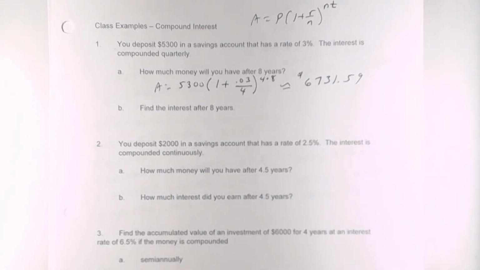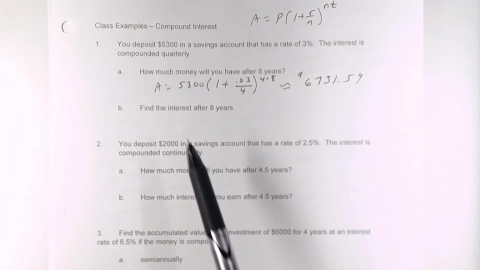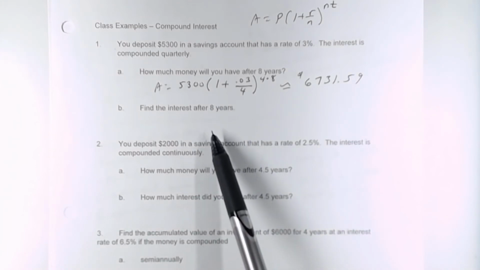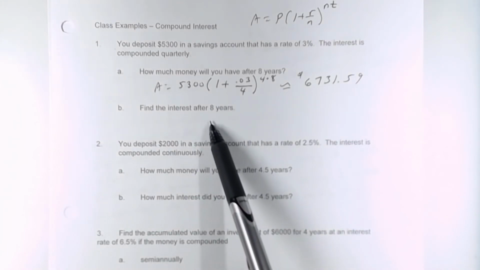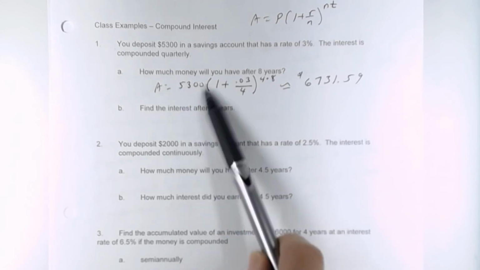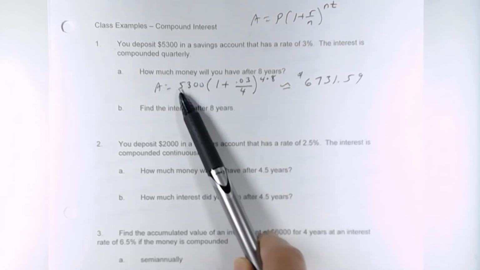Find the interest after 8 years. So how much interest will you have earned at the end of 8 years? How do you think you would find that? Think about it. What would you have to do? Subtract $5,300, because $5,300 was your initial deposit.